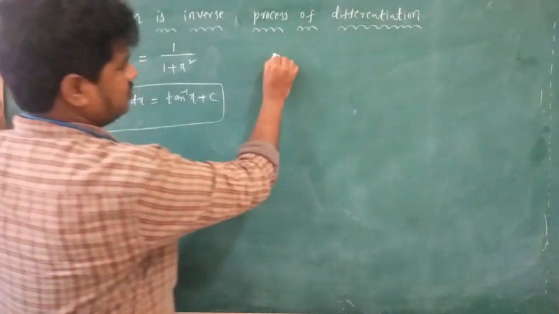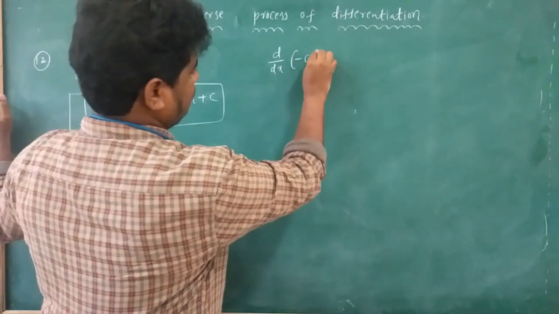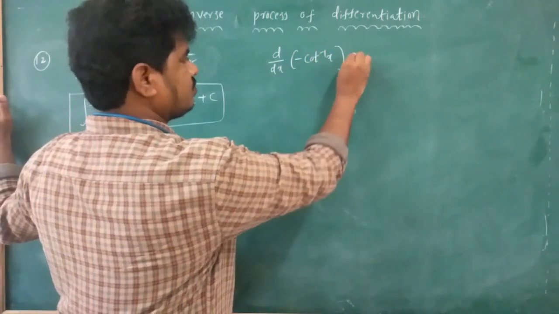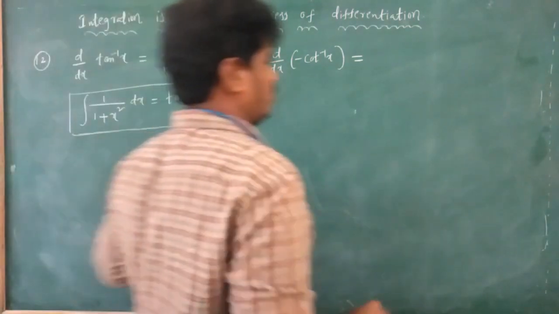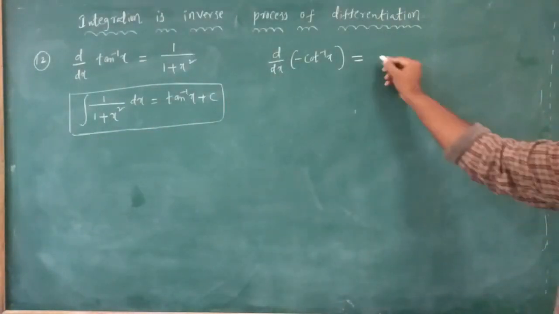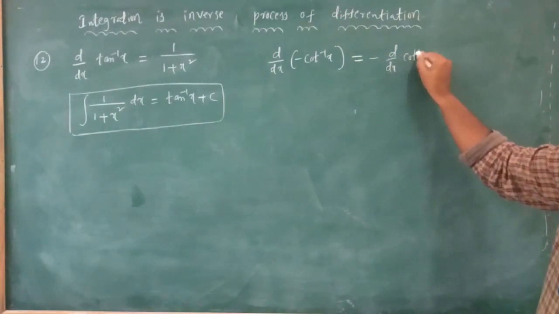We will find the derivative of minus cot inverse x. Minus can be taken outside. So, minus of d by dx of cot inverse x.